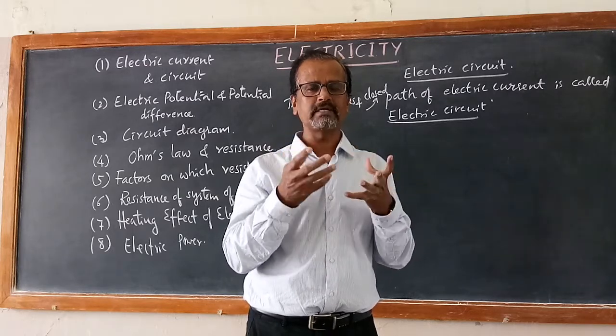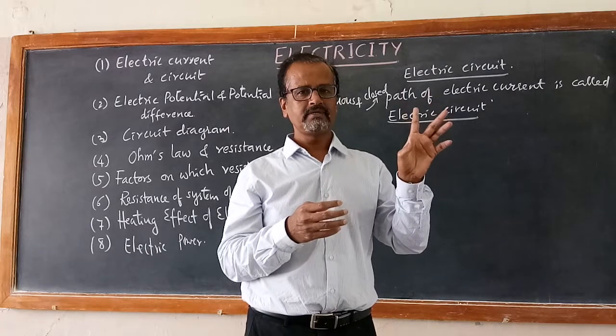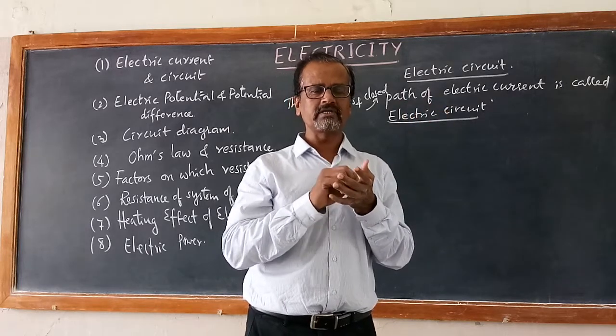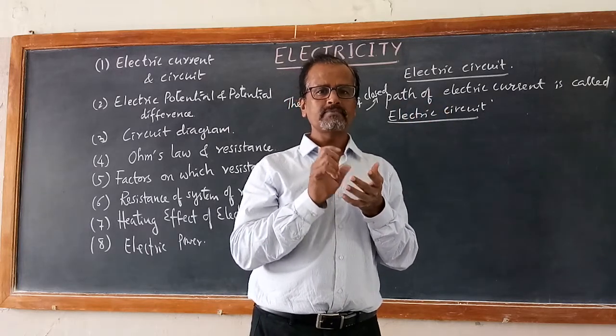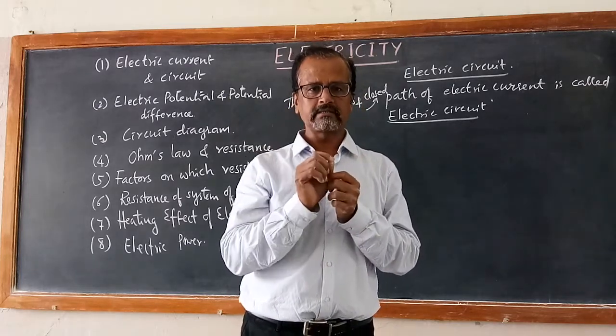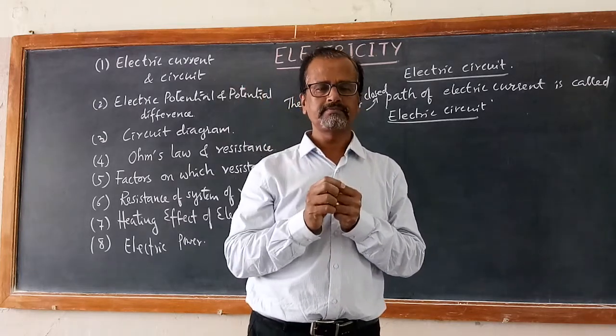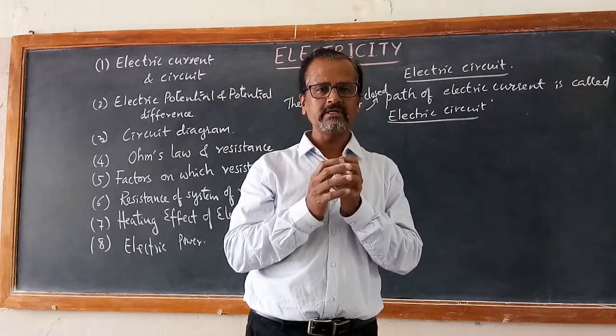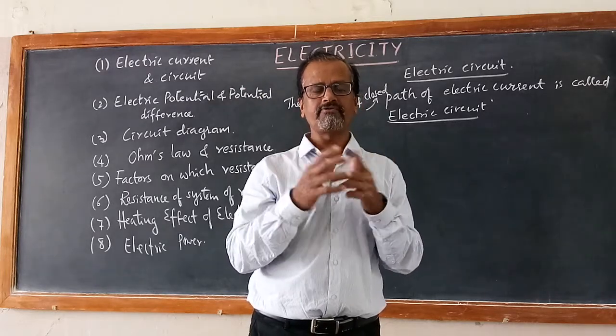What do you mean by open circuit? When you switch off, there is a disconnection between the source of the current and the conductor connecting the bulb. So that disconnection is called switch off.